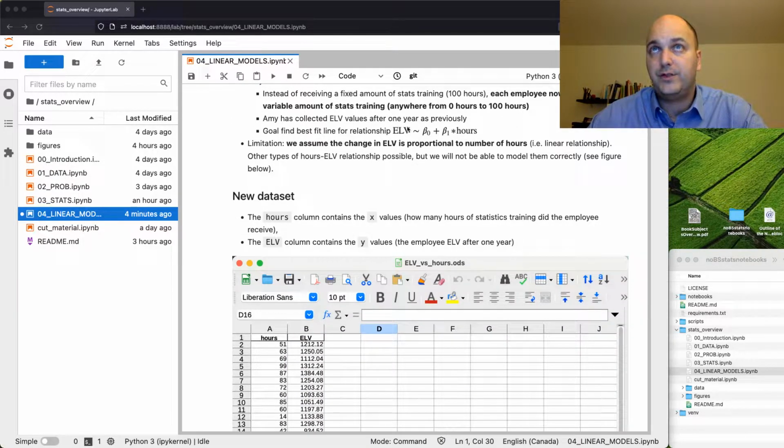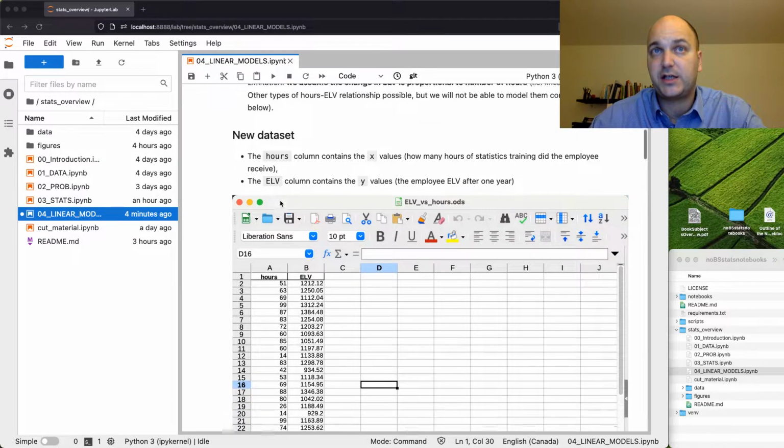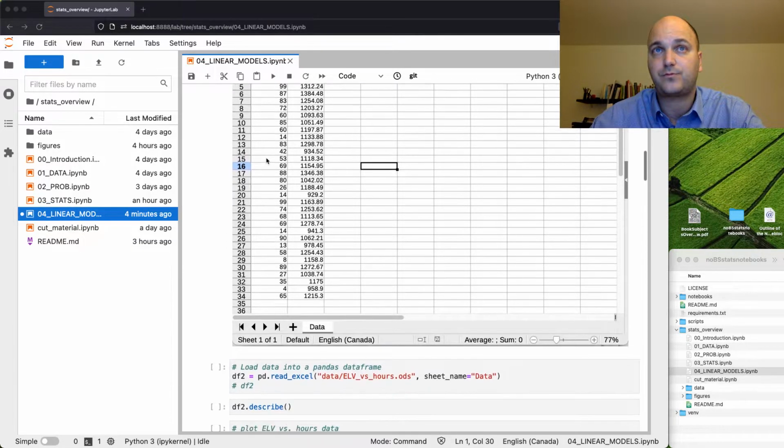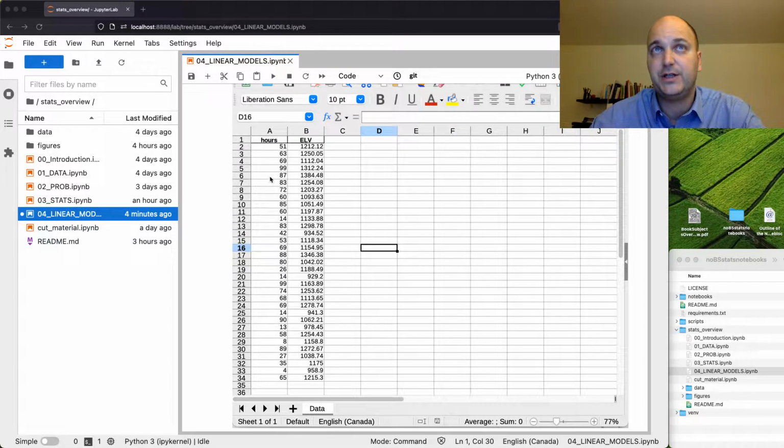To build this model, to estimate these parameters, Amy has collected new data. Here is the new spreadsheet. Each row represents an employee, and measures how many hours of statistical training they completed.